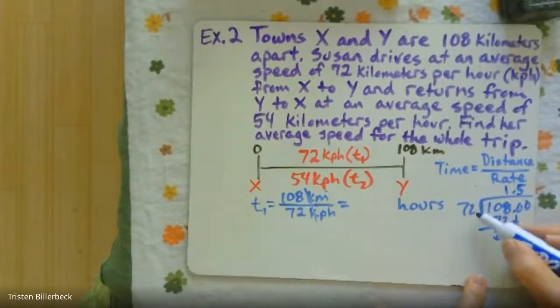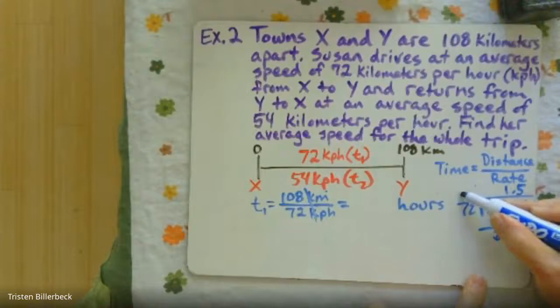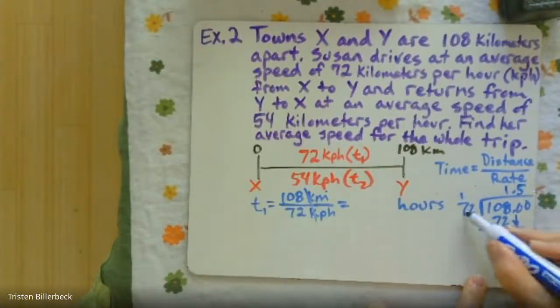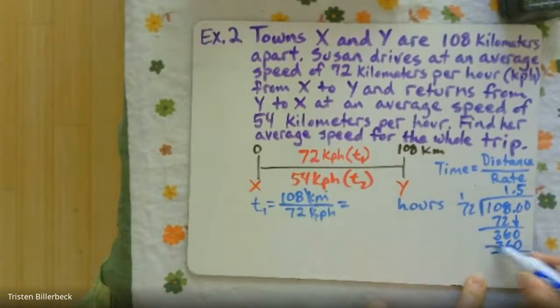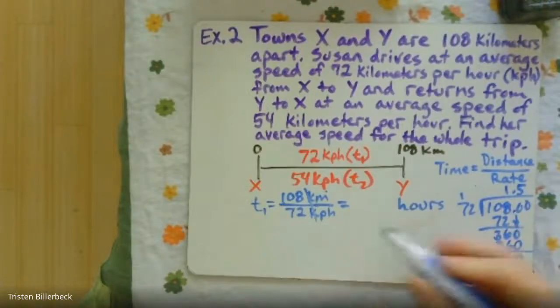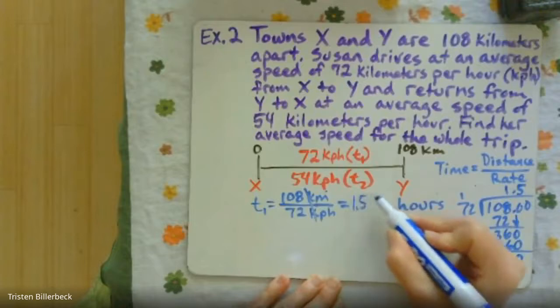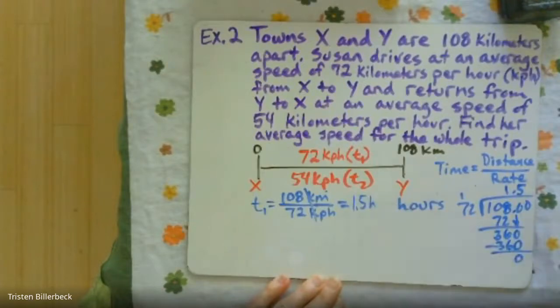So let's try 5. 5 times 2 is 10. Carry 1. 5 times 7 is 35 plus 1 is 36. And we did it. So this is going to be 1.5 hours.